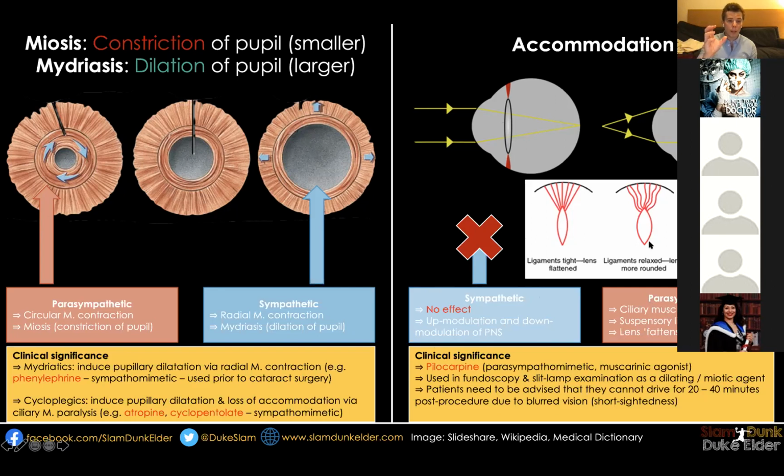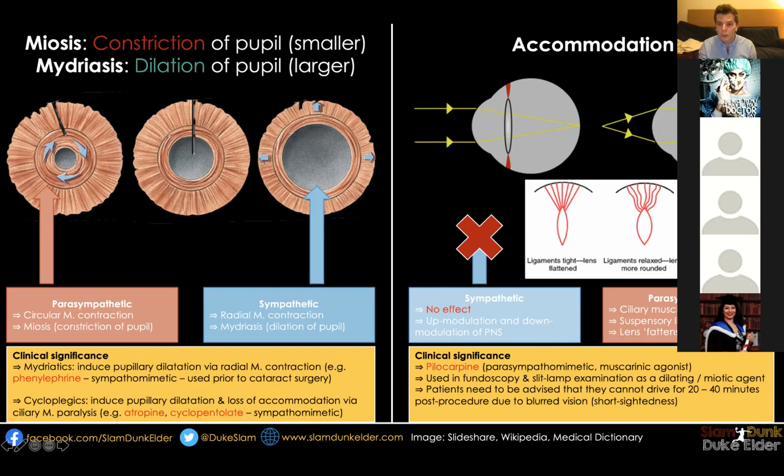The way we get accommodation to work is that the parasympathetic system will either upregulate its tone, and by upregulating its tone, it causes the ciliary muscles to contract, and the suspensory ligaments, as a result of the ciliary muscles contracting, actually relax.